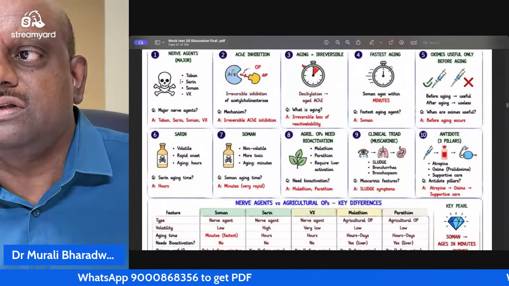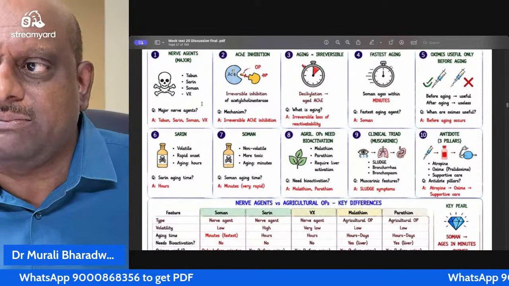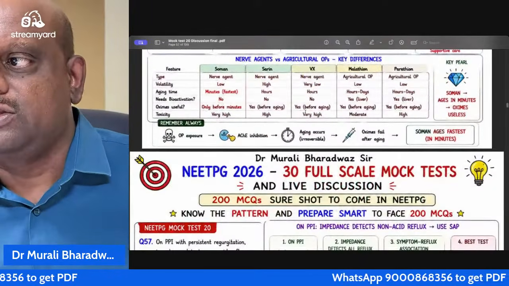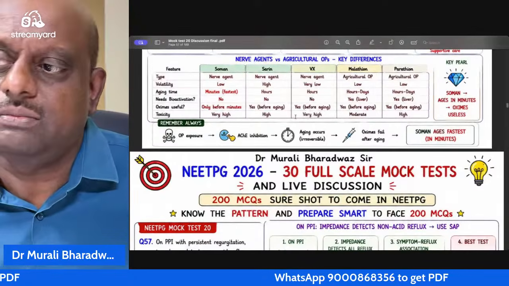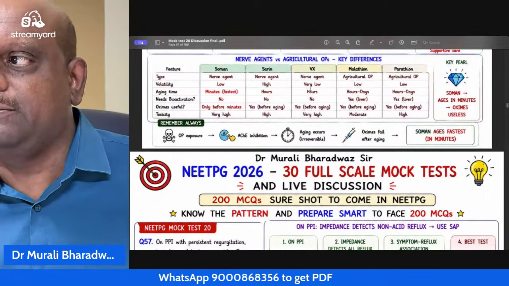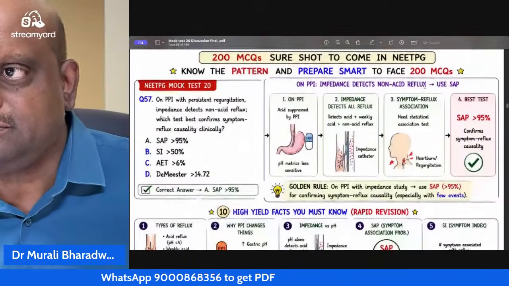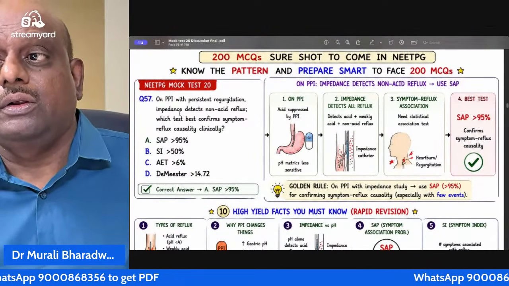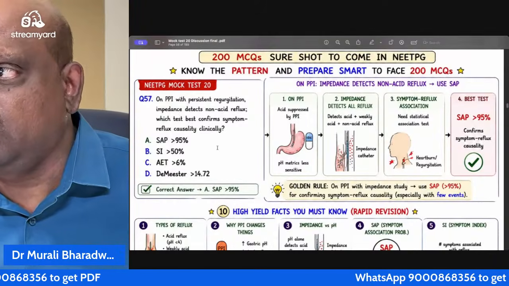So Tabun, Sarin, Soman, they are the major nerve agents, is what we need to remember. So I leave the literature for you. Malathion, parathion, etc. And how do they differ?